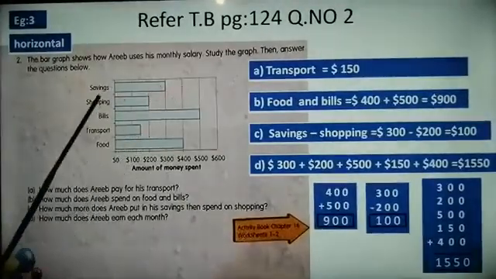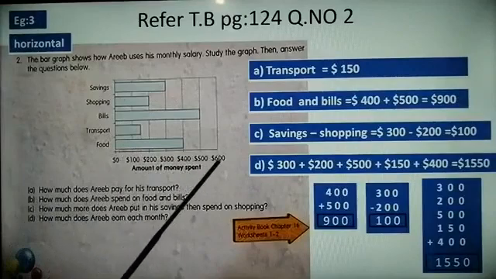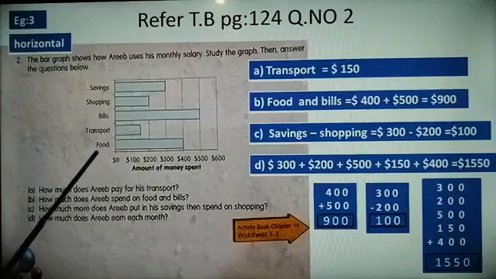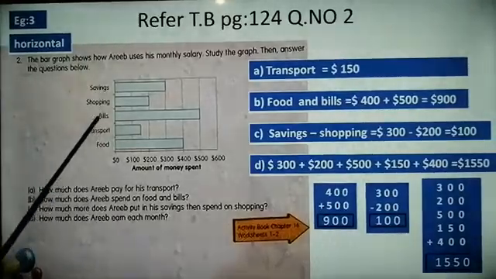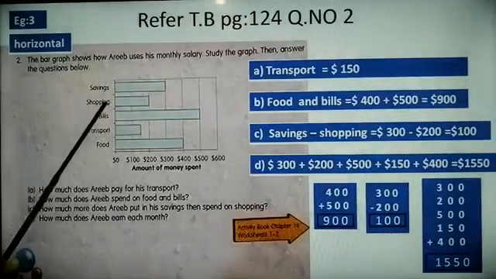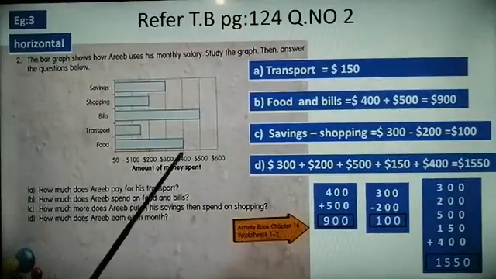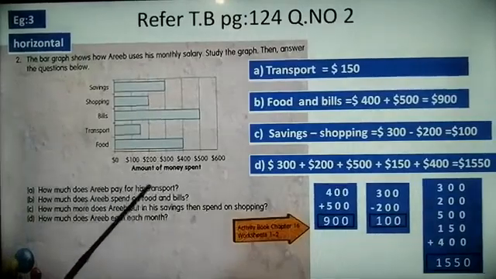You just go through the bars first. On the x-axis is given the amount of money he spent for each category. And on the y-axis are given the categories: food, transport, bills, shopping and savings. So we know where each bar ends and the amount it shows, so you can easily find the answer.